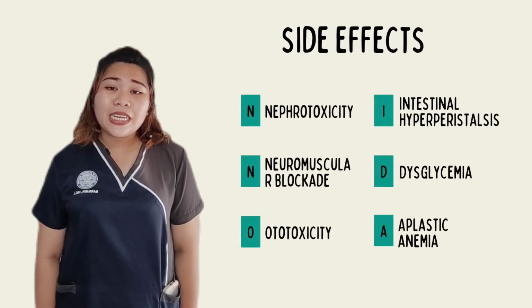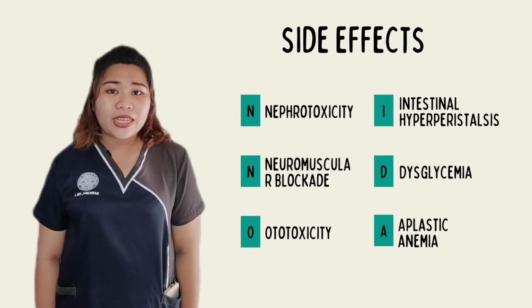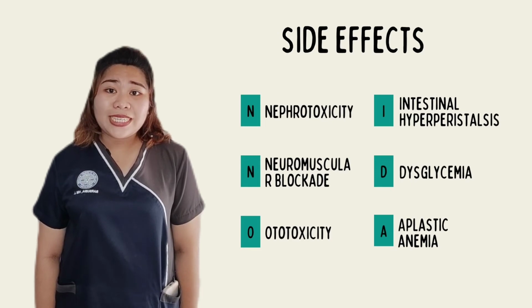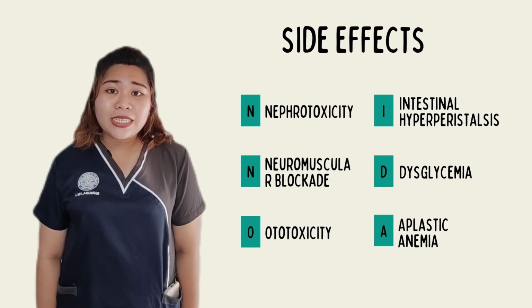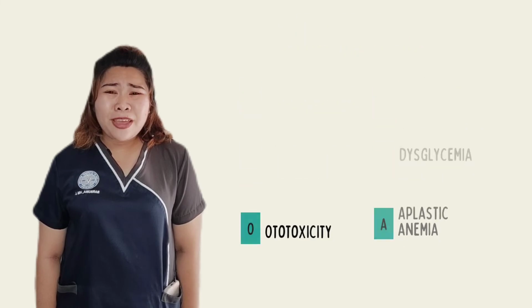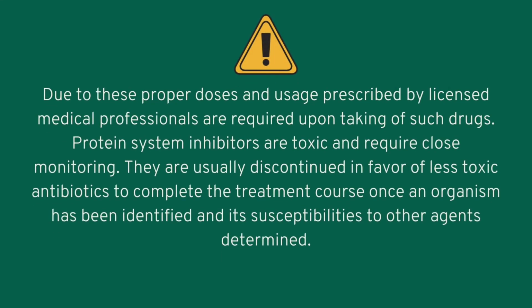Protein synthesis inhibitors have various side effects, such as nephrotoxicity, neuromuscular blockade, ototoxicity, aplastic anemia, intestinal hyperperistalsis, dysglycemia, and others. Due to this, proper doses and usage prescribed by licensed medical professionals are required upon taking such drugs.